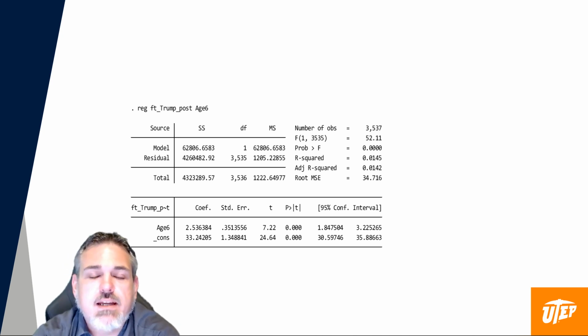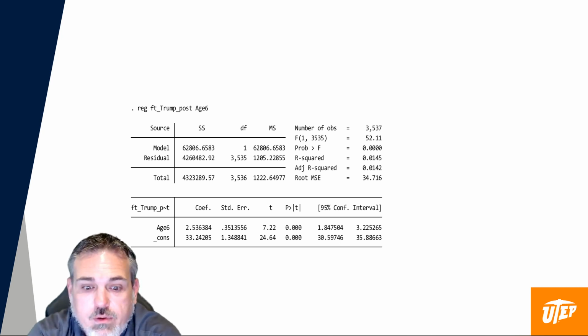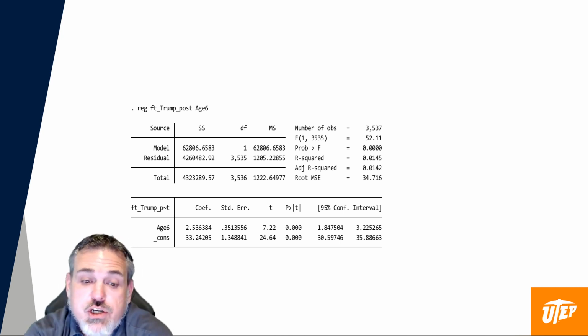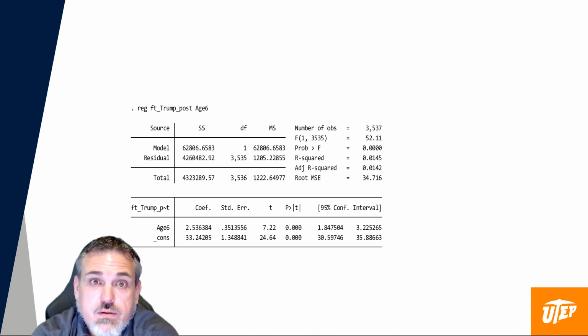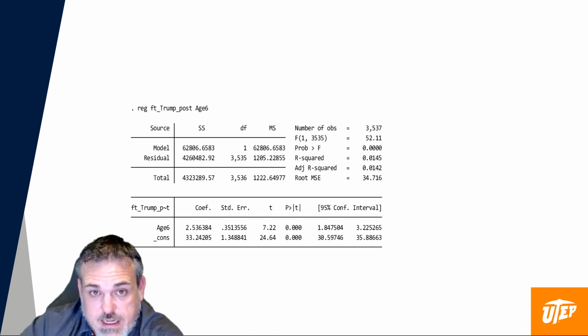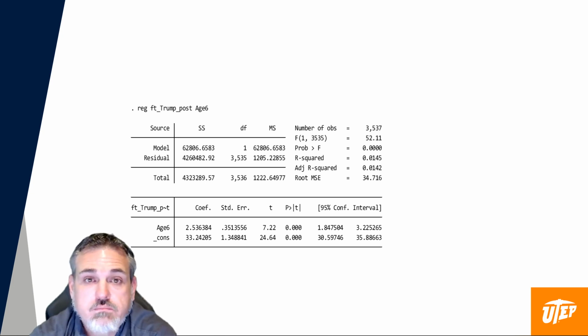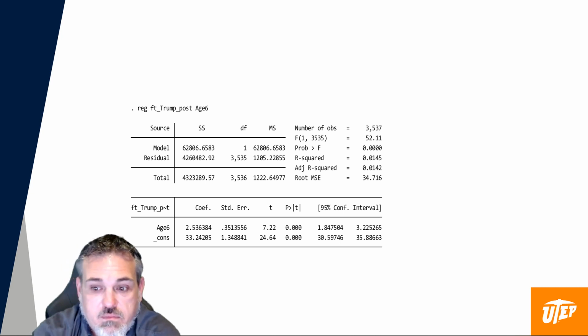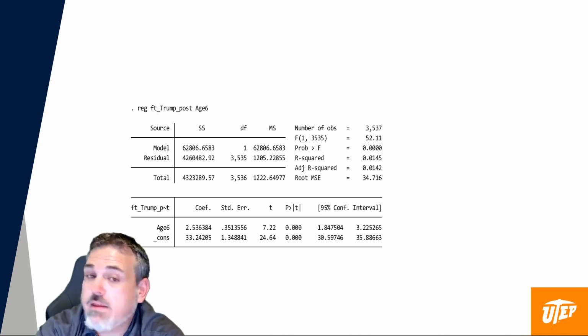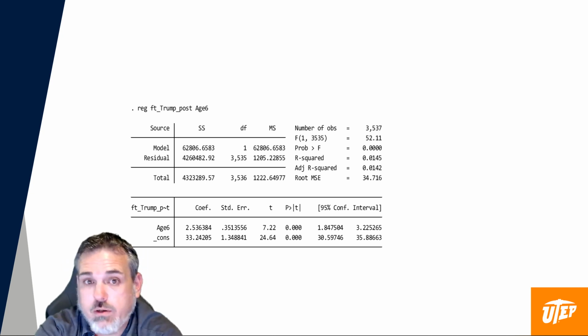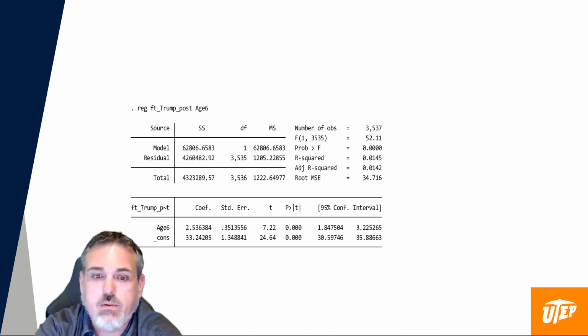And so we would identify that as a statistically significant variable. So as your age increases in those bins, you're more likely to support President Trump. That meets with our hypothesis that as you get older, the support for President Trump is likely to increase.